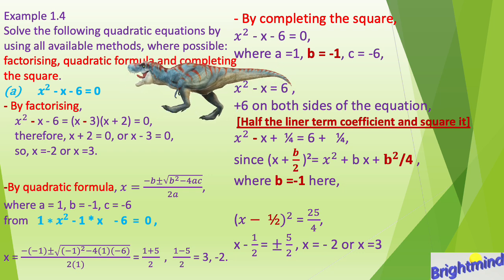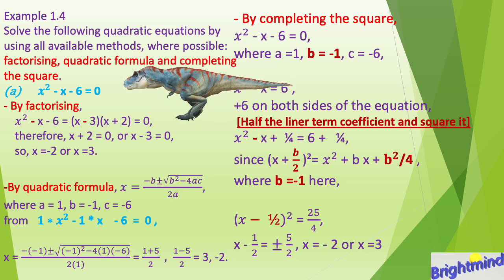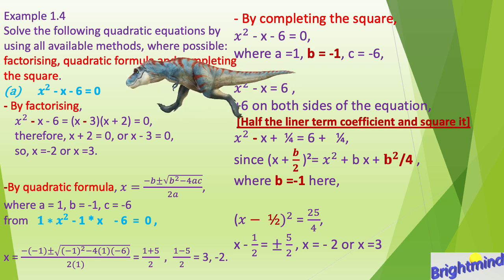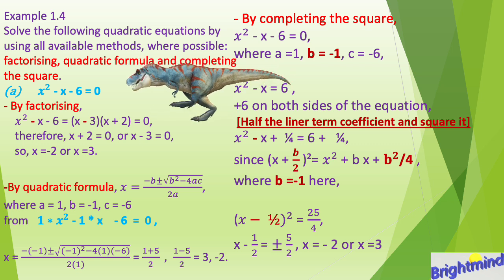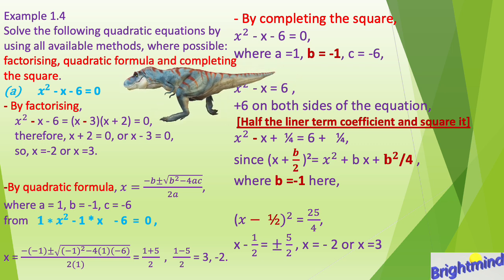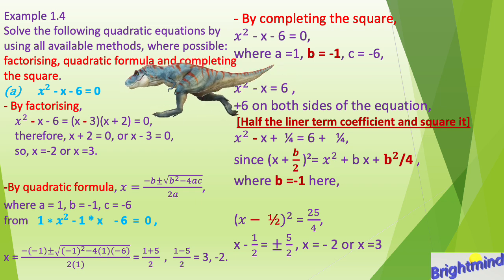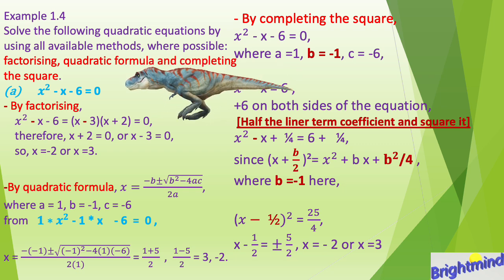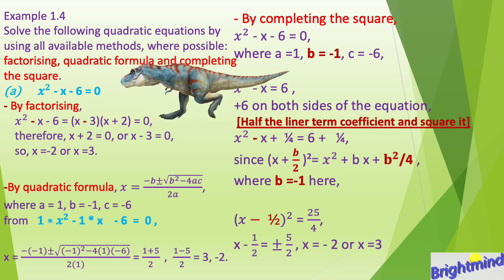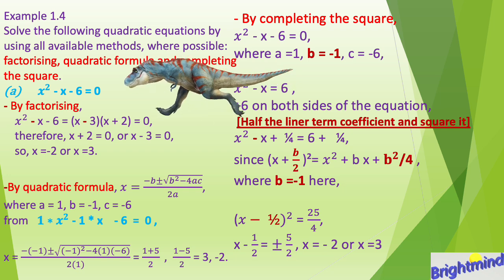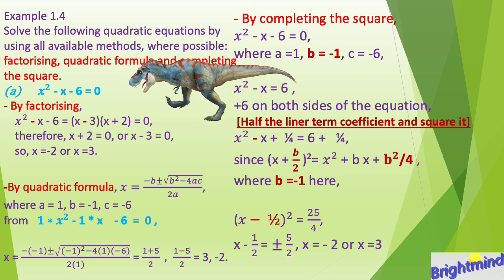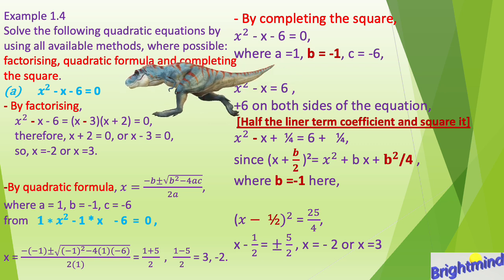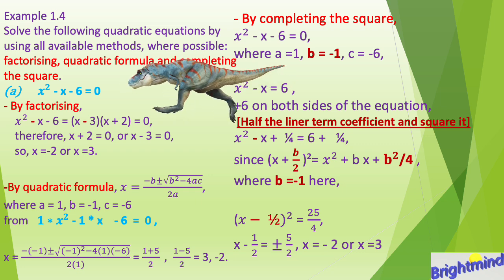To simplify, you get two equations. One is x take away half equals negative 5 over 2, then you get x equals negative 2. The other one is x take away half equals positive 5 over 2, then you get x equals 3. The same result as the other two methods.